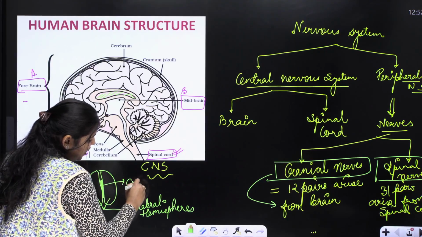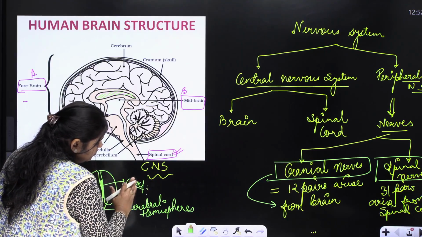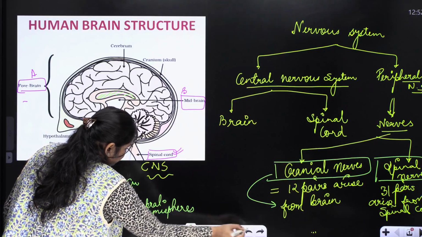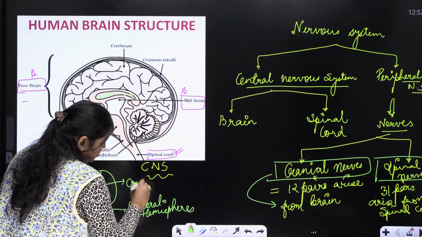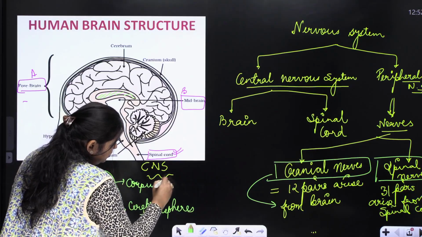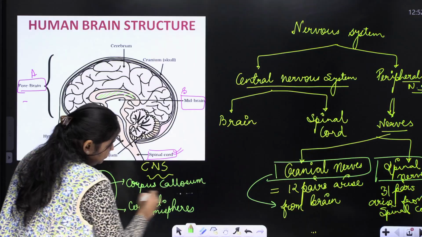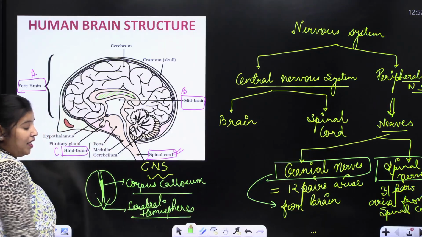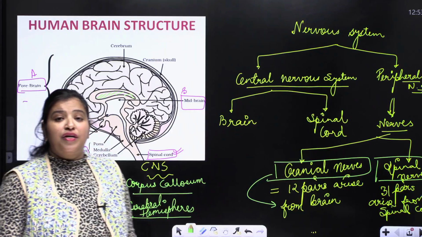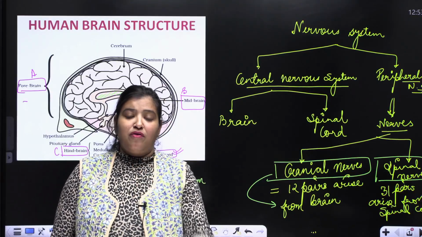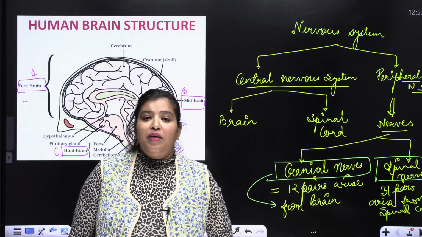And these two hemispheres in the center are kept connected by a band of muscles which is known as the corpus callosum. So the corpus callosum is the band of muscles which connects the two hemispheres of the first part of the brain, which is the cerebrum.